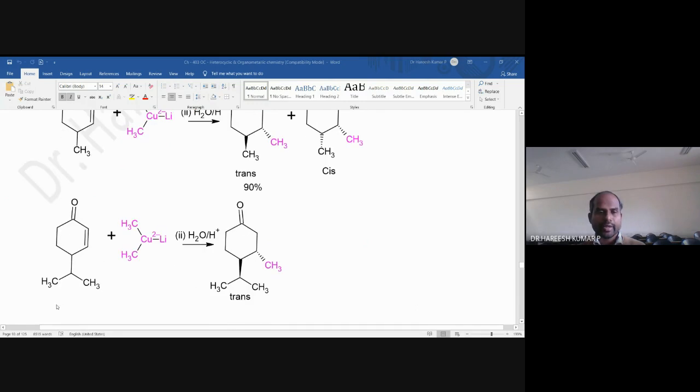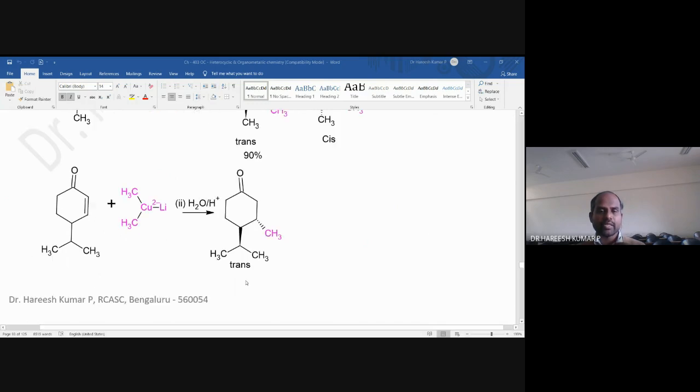Suppose an isopropyl group is attached adjacent to the conjugated double bond. Then the methyl group will attack here. The major product obtained is trans, and there is no cis in this case.